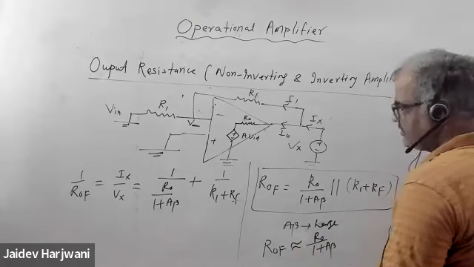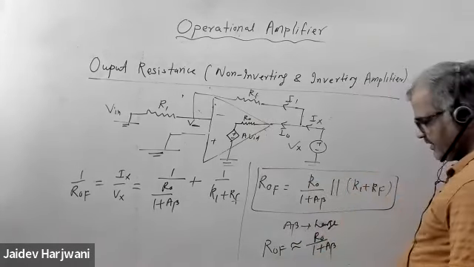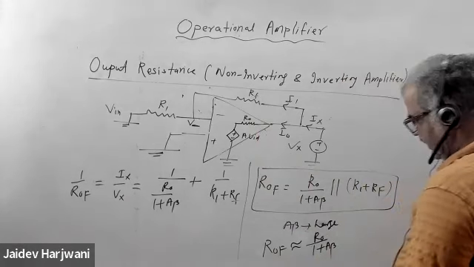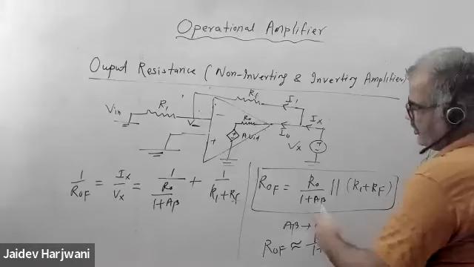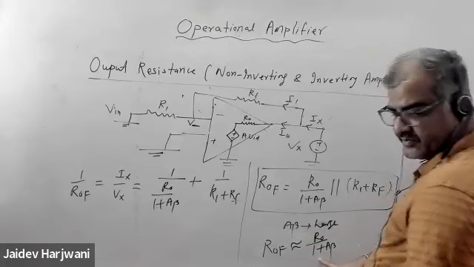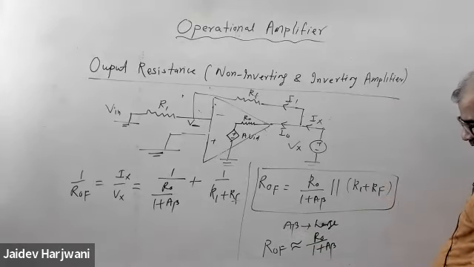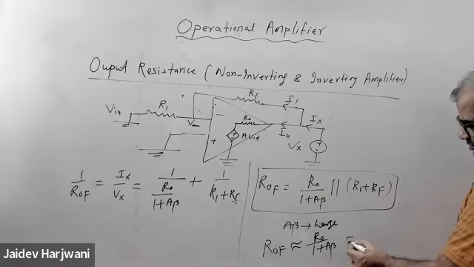That means in open loop you have R0, and with feedback the output resistance decreases, becoming R0 upon 1 plus A beta. If A beta is very large, this will be almost equal to 0.